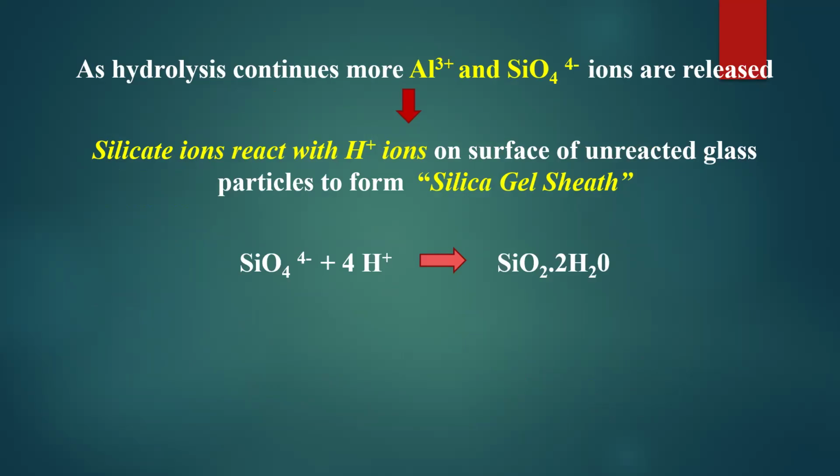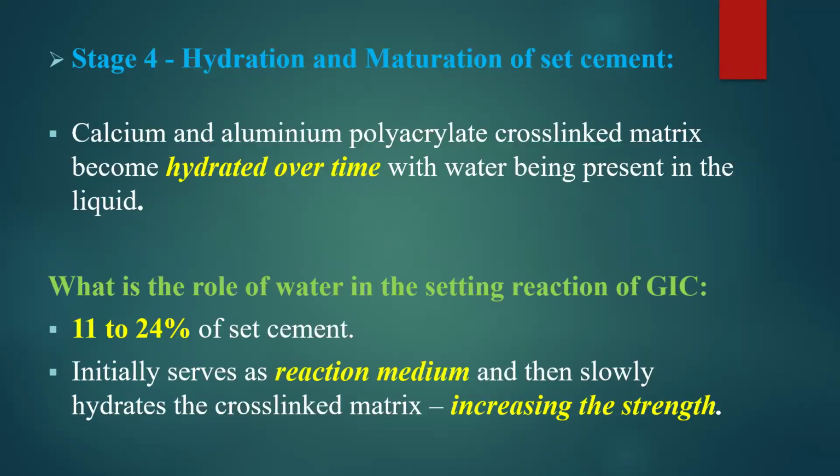Some of the H plus ions will be present on the surface of the unreacted glass particle. So the silicate ions released in the first step will react with H plus ions and form an important structure called silica gel sheath, which can be written by the formula SiO2.2H2O.